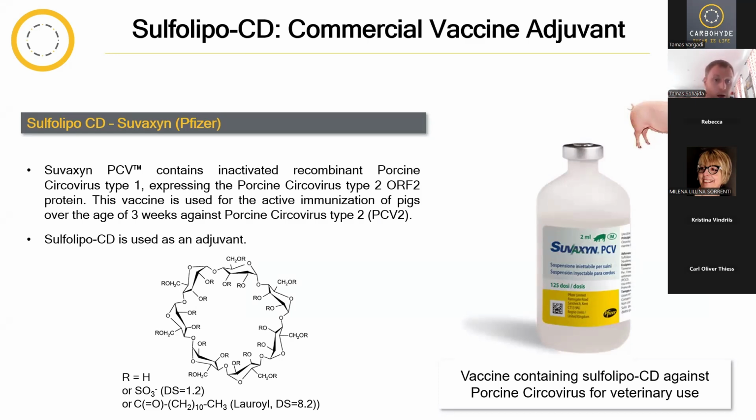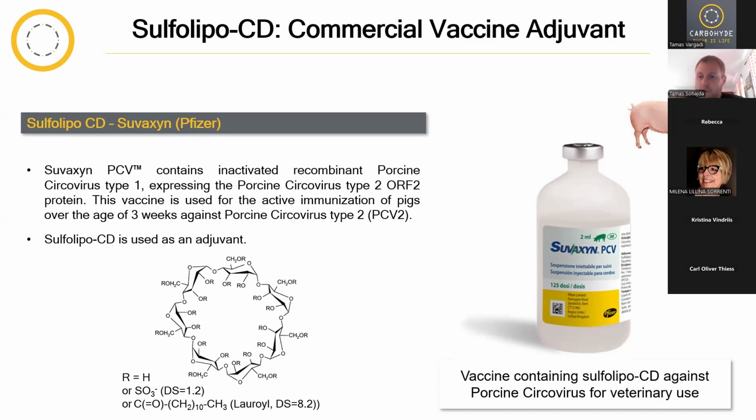So Pfizer was the pioneer also in this case with the vaccines. And the first two examples that I'm about to show you are veterinary vaccines. So not human vaccines, but of course formulation-wise, conceptually, these do not differ much from human vaccines.